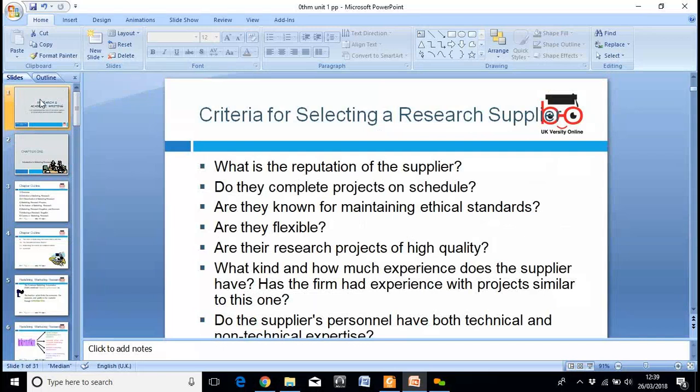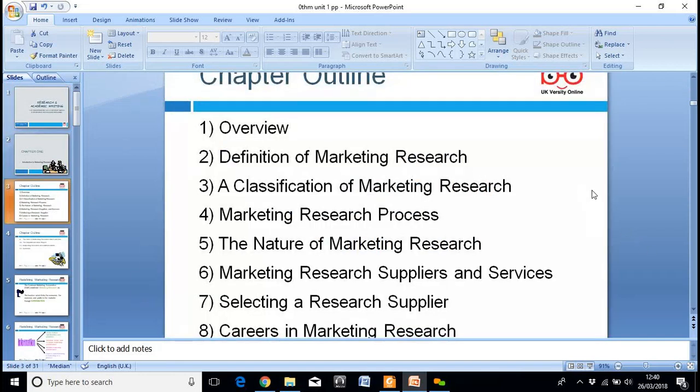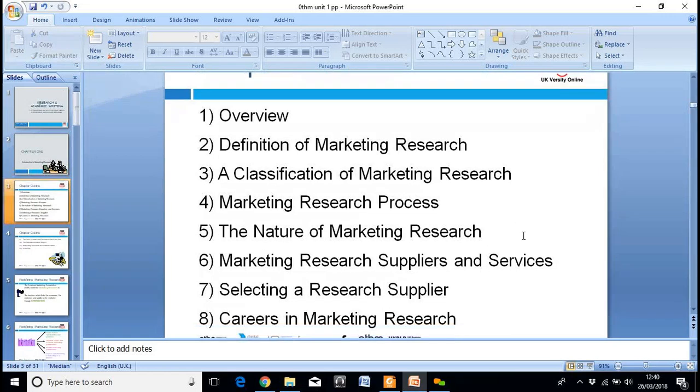Research and academic writing. Understand the different sources of information and research formulation. So we've got an overview and a definition of marketing research, a classification of marketing research, the process itself, what the nature of the research is for, marketing research suppliers and services.